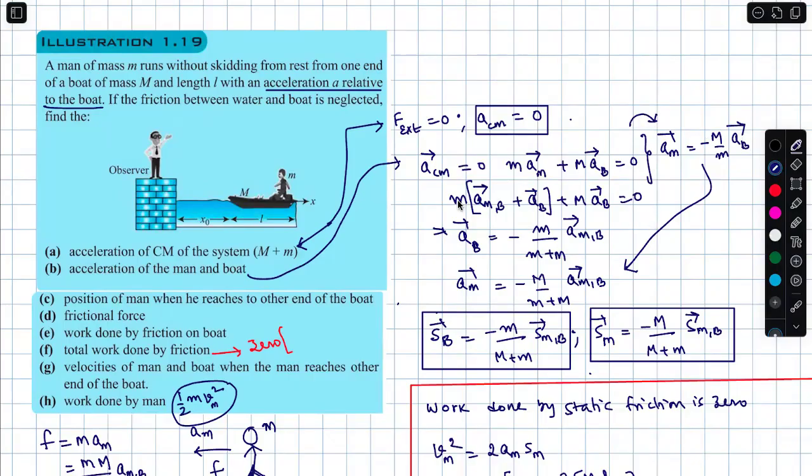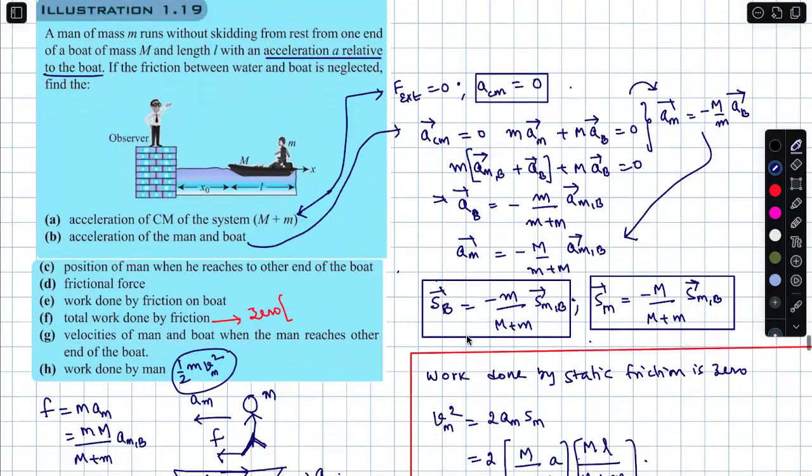Now follow here carefully. m a_M plus M a_B is equal to 0. a_B can be written as minus m by M, any doubt in this, by the way? Now use this relation over here, you'll get this. Same thing you can even apply for displacements also.